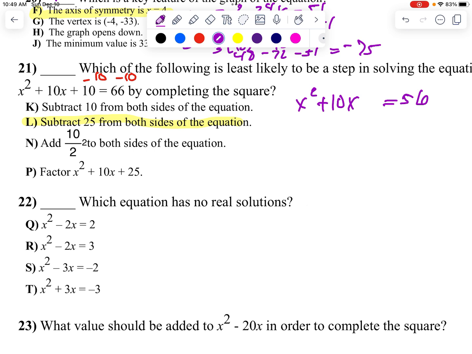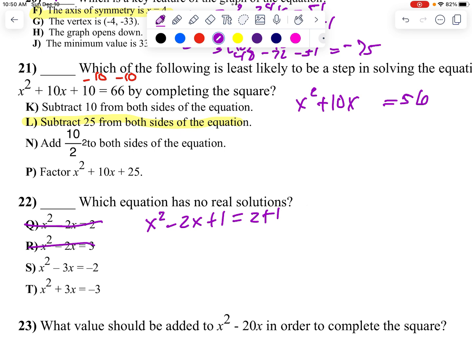So let's do letter Q. X squared minus 2x. Half of 2 squared is 1, so I'd add 1 to both sides. 2 plus 1 is 3. I could take the square root of 3, so it's not Q. So I'm going to throw out Q. Let's do the next one. If I take half of negative 2, I'm going to get a positive, so there'll be that one.